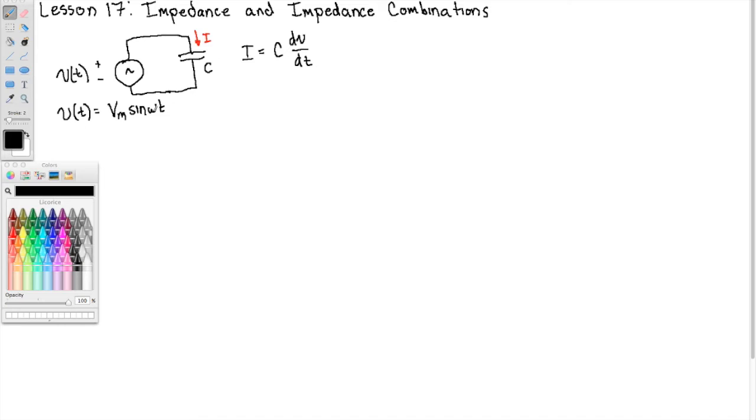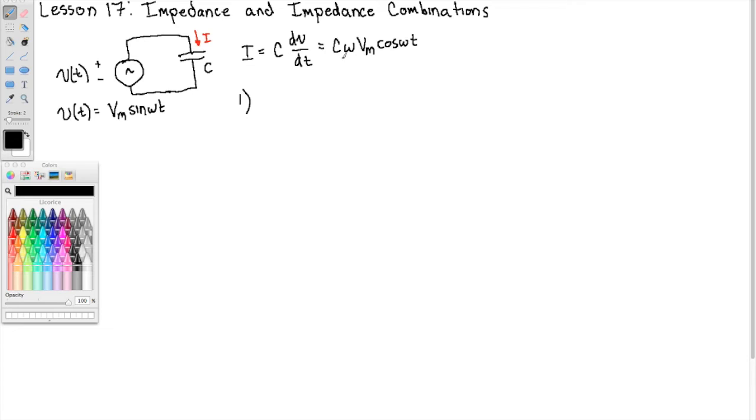All right, so with the sinusoid then, this is C times the derivative of this guy. So when I take the derivative of sine, that changes into a cosine, and then from the chain rule, the omega comes out in front. Cosine omega t, right? So this is another sinusoid. And let me make a few corresponding points on the capacitor here.